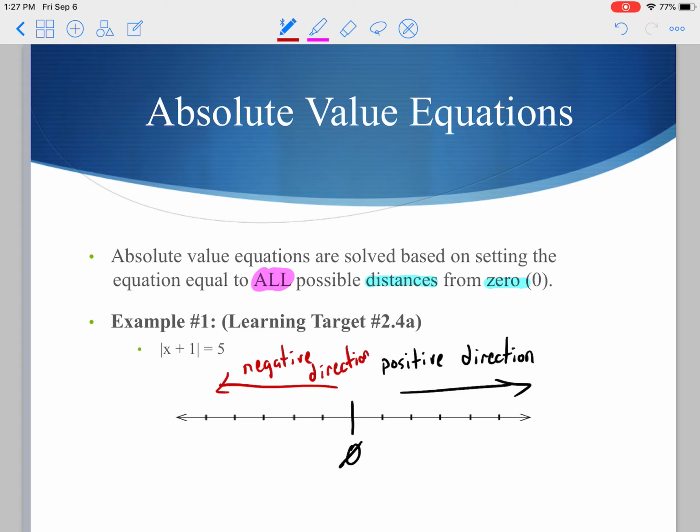And so these are all the possible instances of the value being a distance from 0.